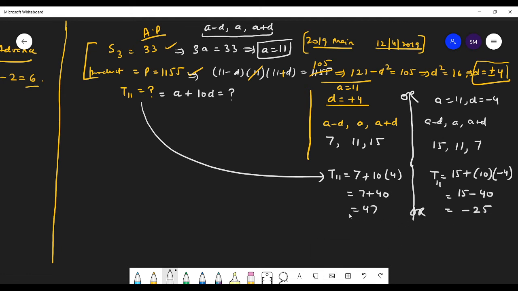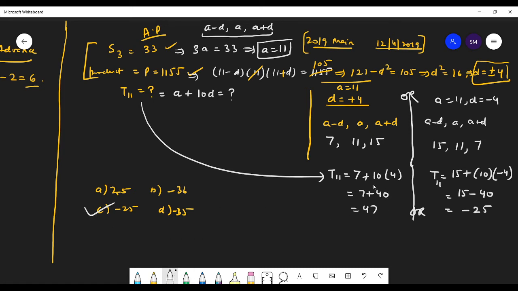So you have 2 answers in the question. 47 was not among the options. The options that you had were 25, minus 36, minus 25 and minus 35. So what's the correct option? A, B, C, D? Option C.